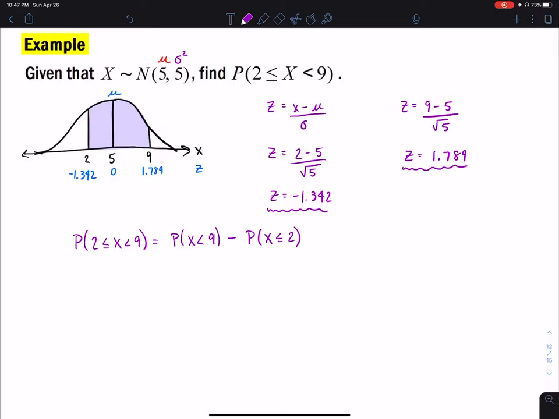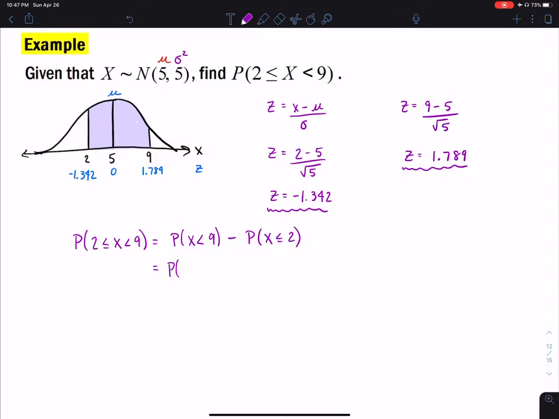What that looks like in a picture is we're finding everything to the left of 9, and then subtracting out this little piece here, which leaves us only with that middle section right there. I know my animations aren't the best, but it'll do.